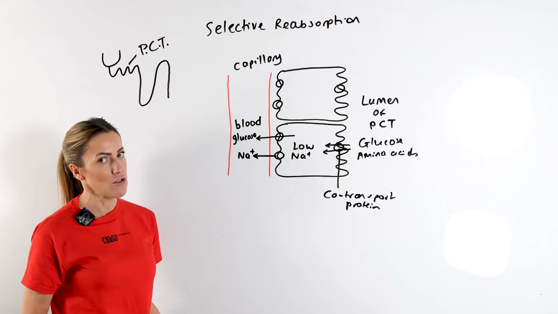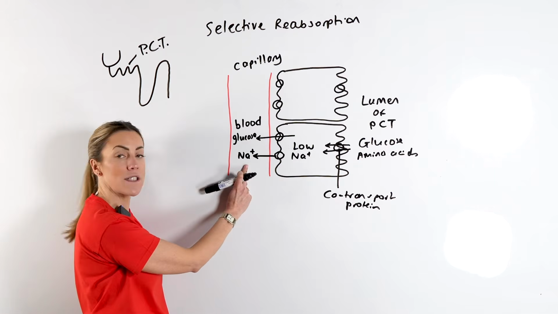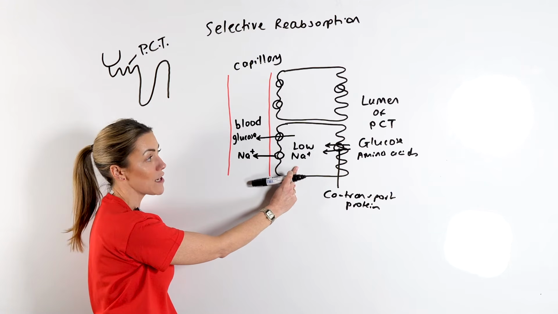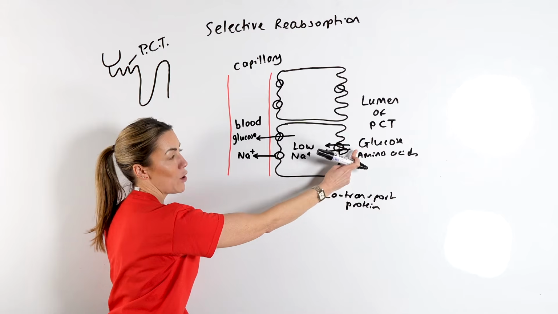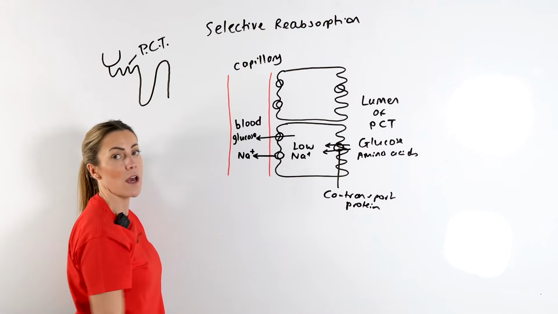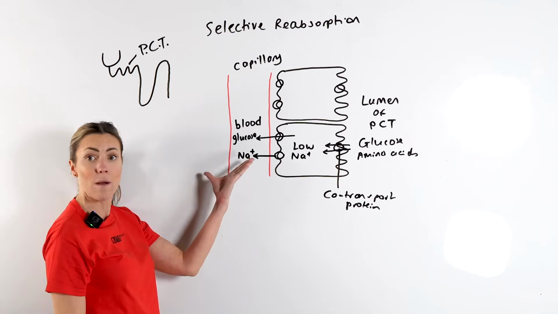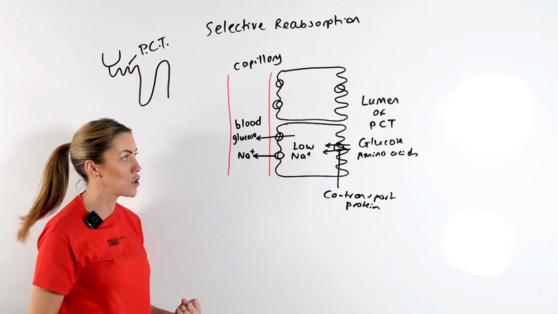But it relies on different transport methods. We had the active transport of sodium ions, to keep the concentration of sodium ions low in the epithelial cell. Then we had co-transport of sodium ions in with glucose or amino acids. And then we had the facilitated diffusion of glucose or amino acids into the blood. We've reabsorbed them.